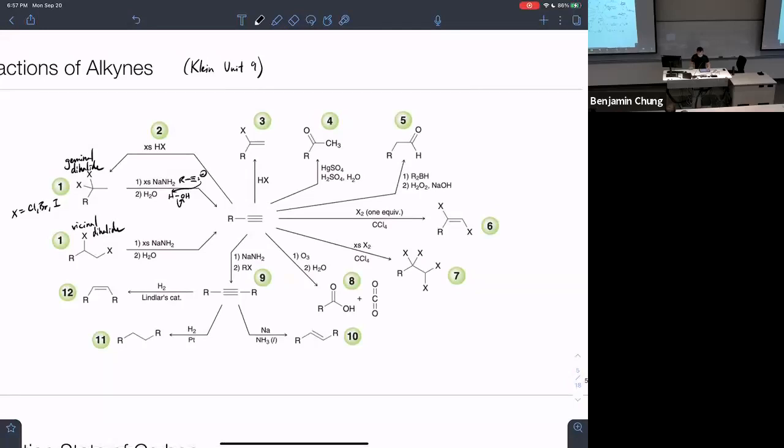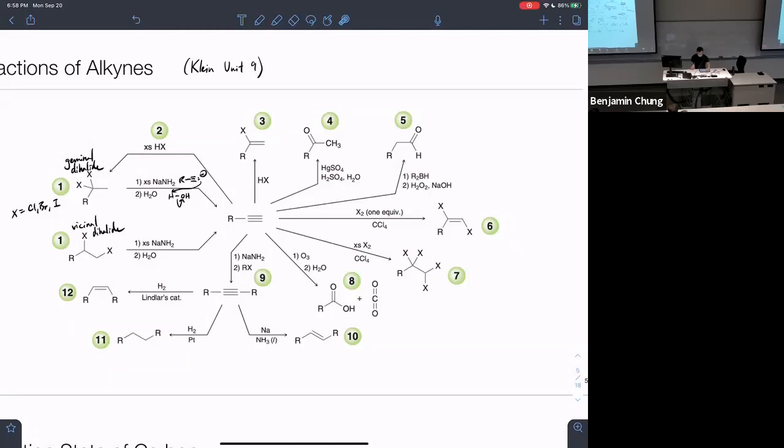So you need at least 3 equivalents of base for this. The first to remove the first HCl or HX, and then the second to remove the second HX, and then finally the third to deprotonate to the alkynide ion. But you could just write excess and that's totally acceptable. Don't want to make you guys memorize more than you already need to.